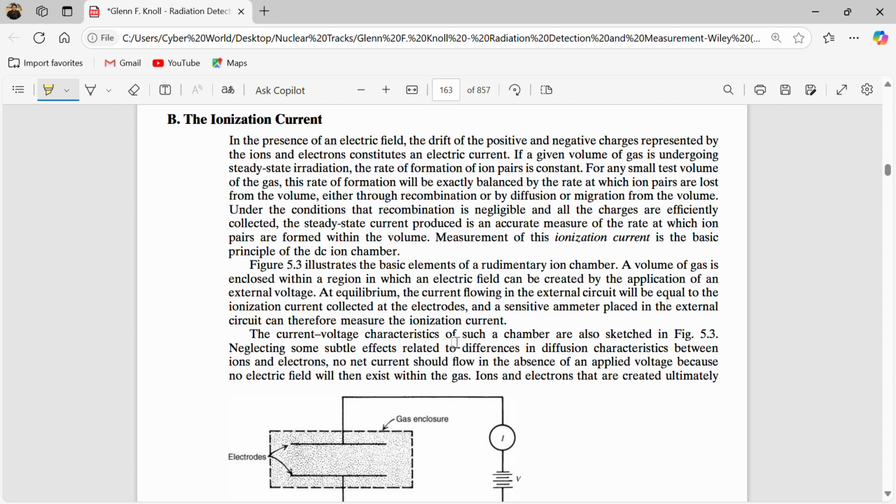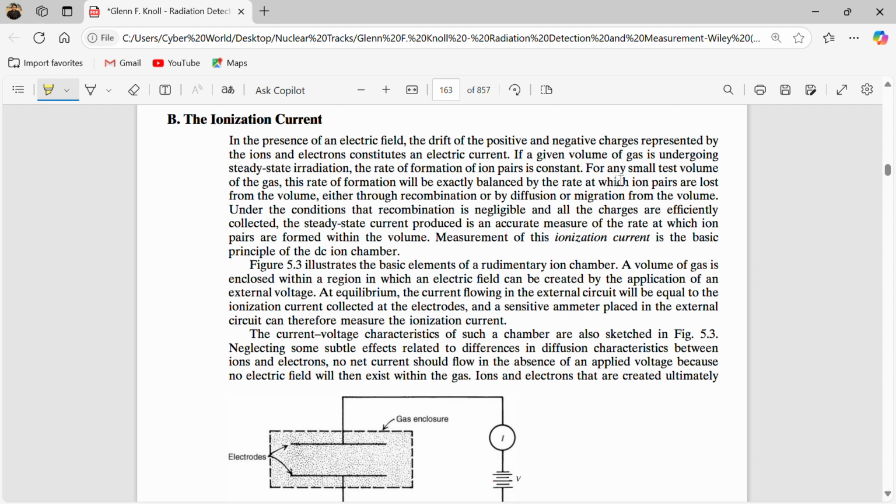As your charged particles move, you know that moving charges produce current. So as the charges move, there is a production of current. In the presence of an electric field, the drift of the positive and negative charges, represented by the ions and the electrons, constitutes an electric current.